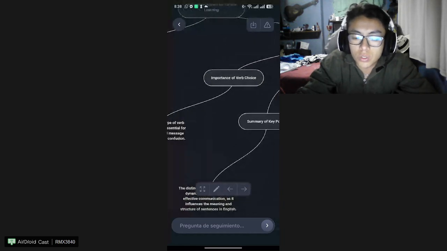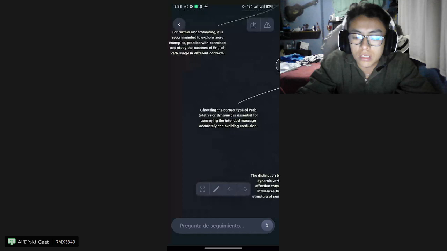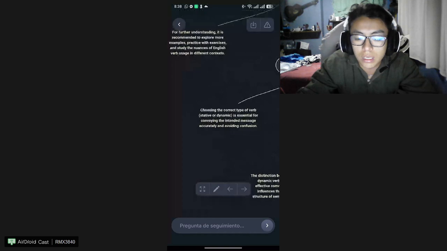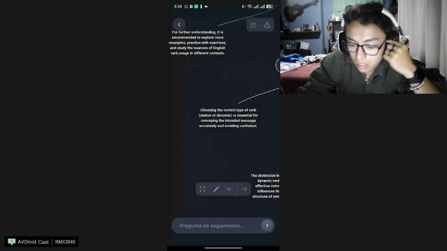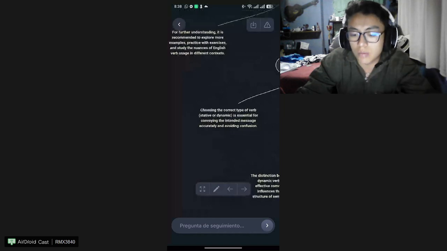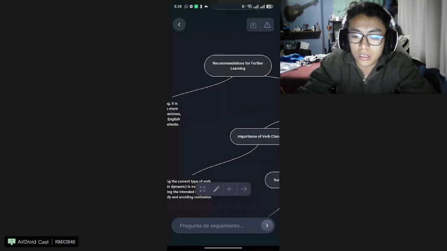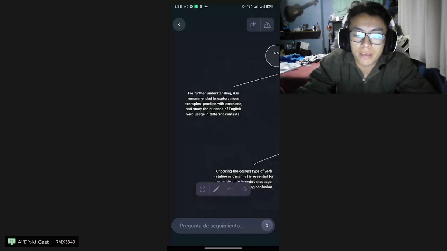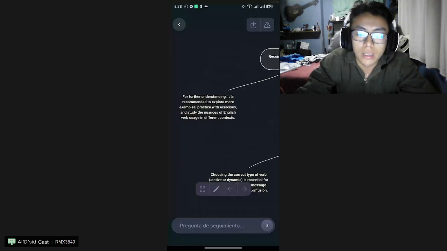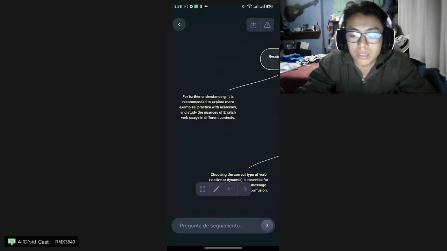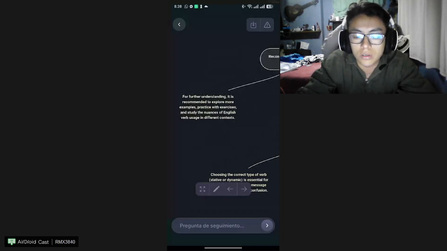Importance of verb choice: choosing the correct type of verb, stative or dynamic, is essential for conveying the intended message accurately and avoiding confusion. Recommendation for further learning: for further understanding, it is recommended to explore more examples, practice with exercises, and study the nuances of English verb usage in different contexts.